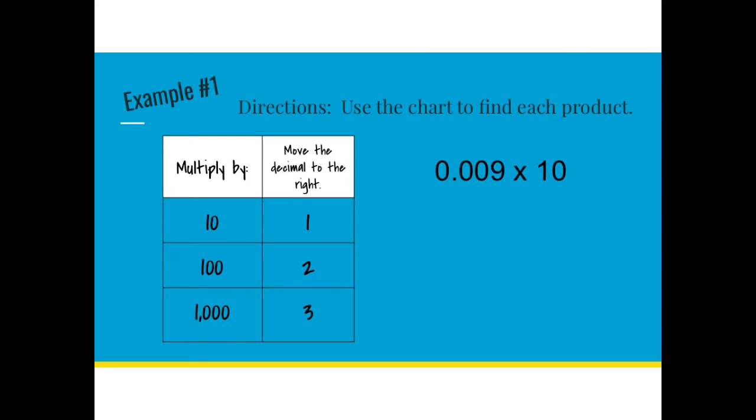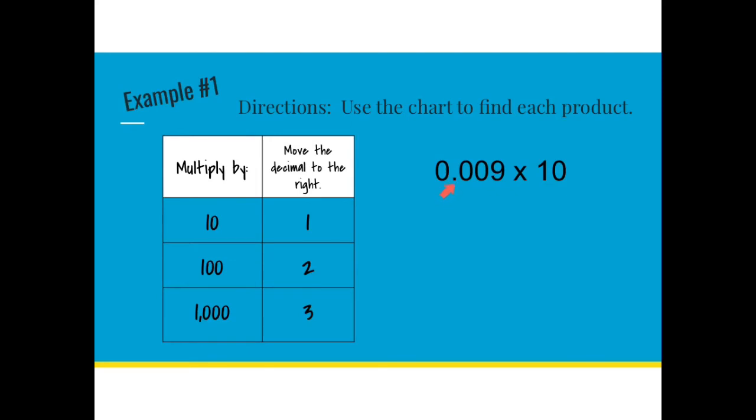Okay, let's take a look at a couple of examples here. Remember, you can use your chart over here to the left if you need it to help you remember how many places you move the decimal point. Here we're multiplying by 10, so based on our chart, we move our decimal point 1 spot to the right.